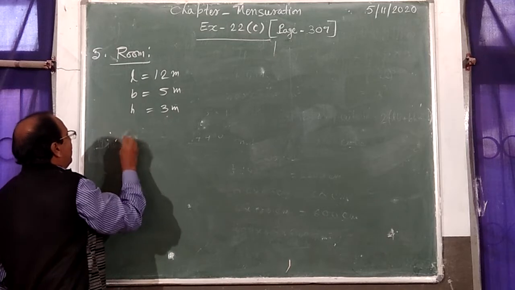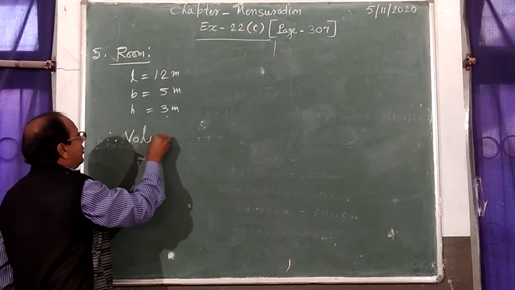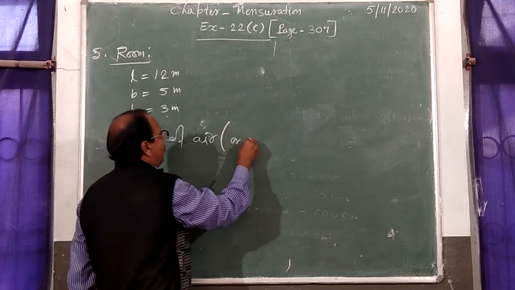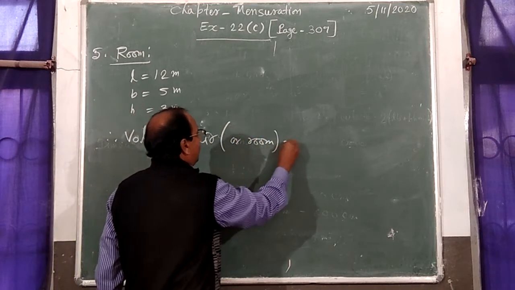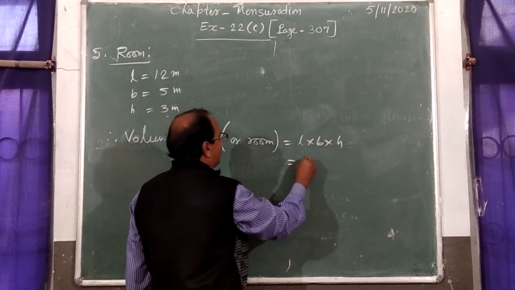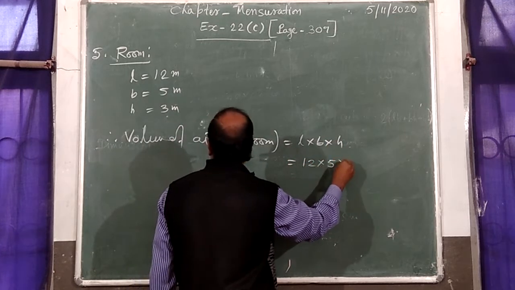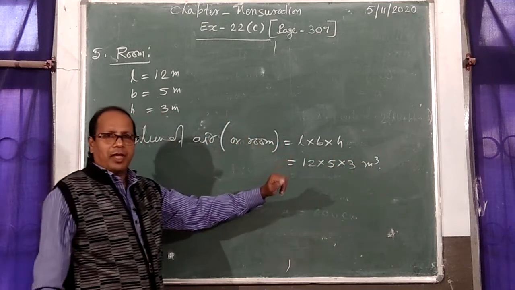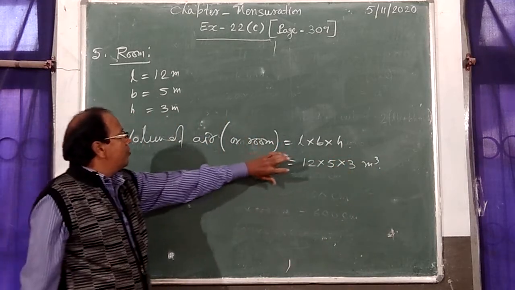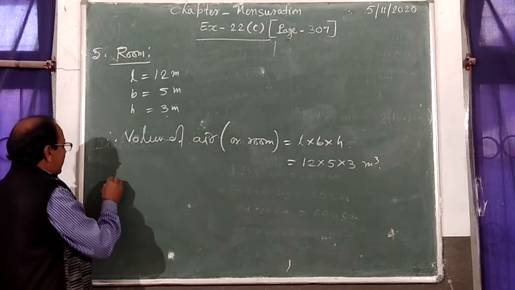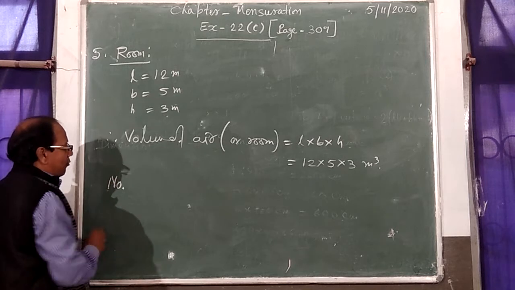Therefore, volume of air, or you can say our room, equals to length into breadth into height, equals to 12 into 5 into 3 meter cube. Again, no need to multiply here because we are not going to find out only the volume of the air.